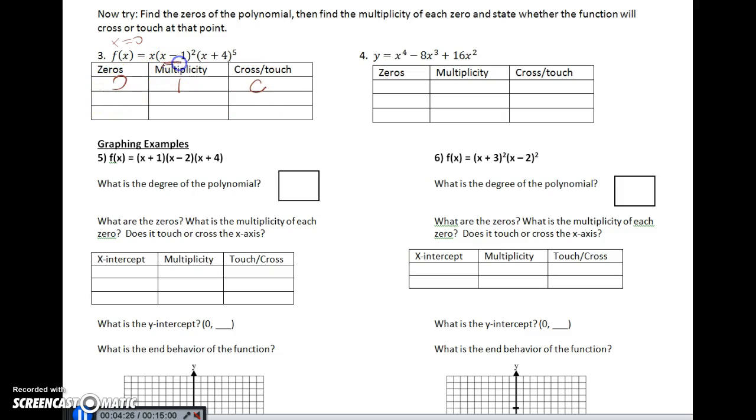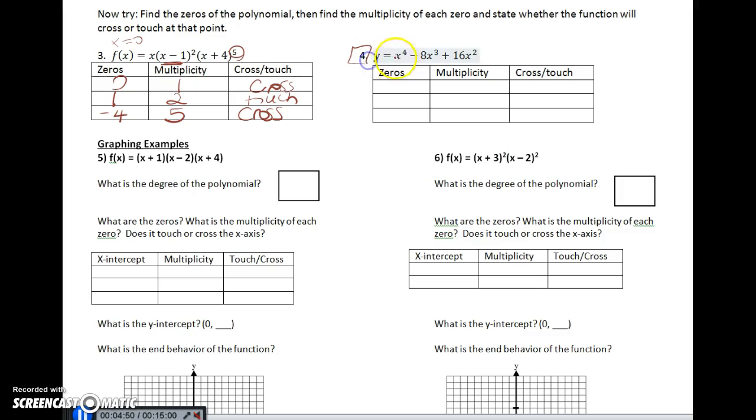The next one comes from the second factor. That would have an x-intercept at 1. It has a multiplicity of 2, so that one would touch because it's even. And then the last one has an x-intercept of -4. That has a multiplicity of 5, and because that is odd, that will also cross.